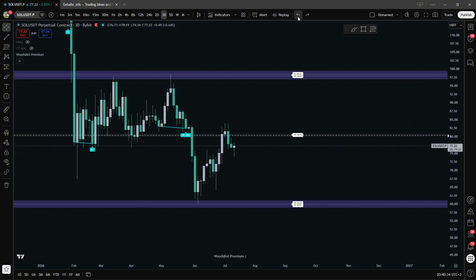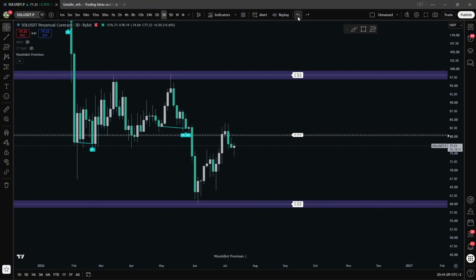So all of my confluences are designed so that I don't have to think myself, I don't really have to analyze for my trading. I just have to see, are my confluences there, because my confluences are not coming from a human perspective, but rather from tools that we provide, like the WoodsBot Premium indicator or like Fibonacci, that are always going to be the same, or the WoodsBot RSI that always gives you the same numbers, you know.